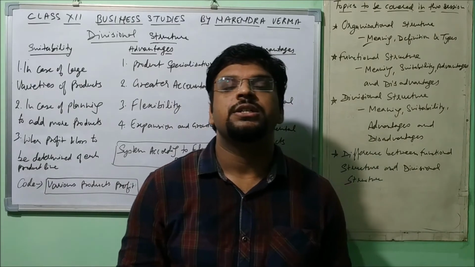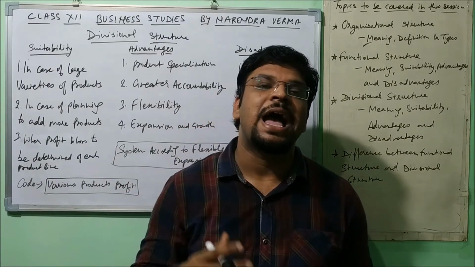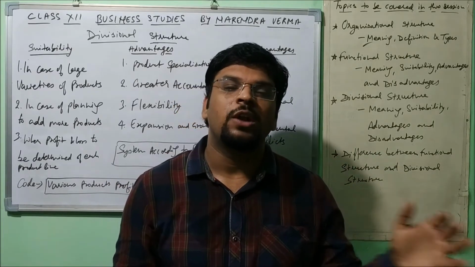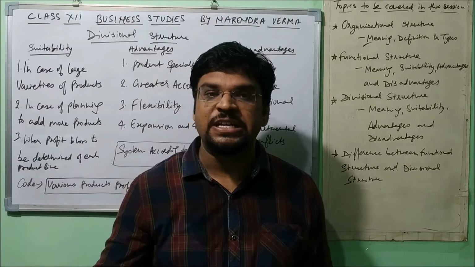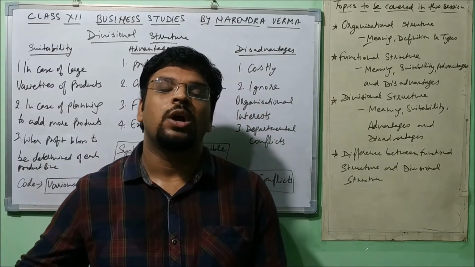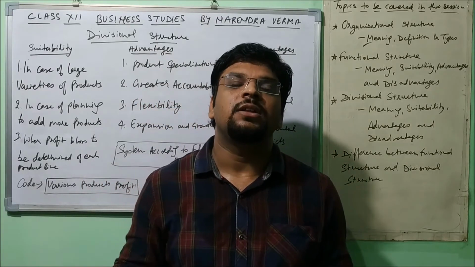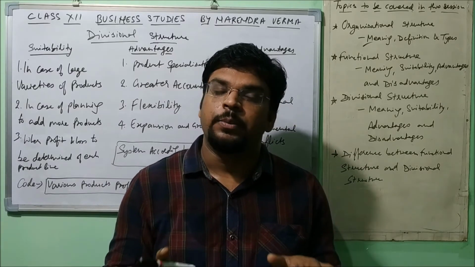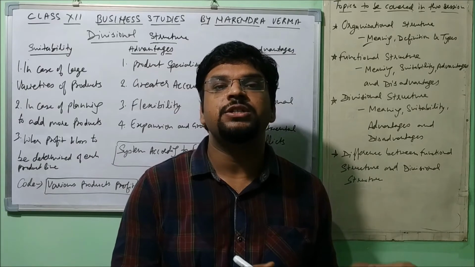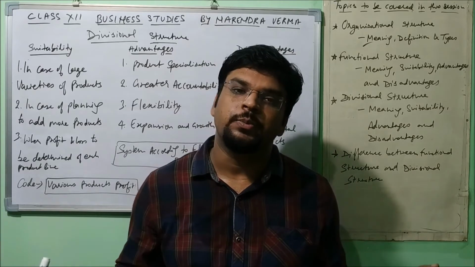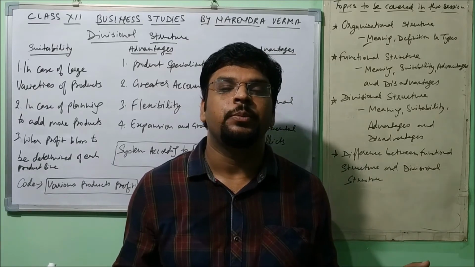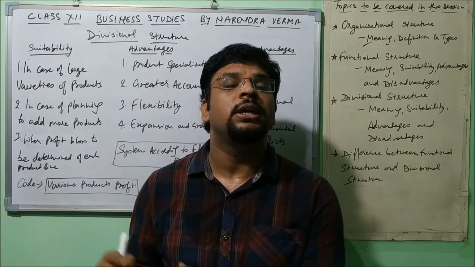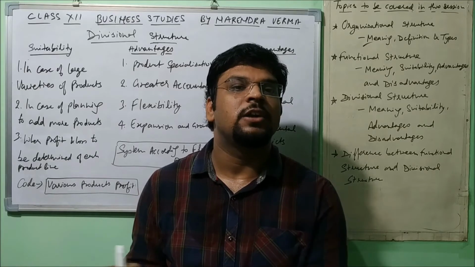I would like to give an example. If one organization is dealing in garments, footwear and handbags, they will maintain 3 separate divisions, one for garments, another for footwear and another for handbags. These 3 can have multiple functions, meaning the garments division may have proper departmentalization like production, finance, marketing, sales. Similarly, the other 2 can also have the same kind of departments.